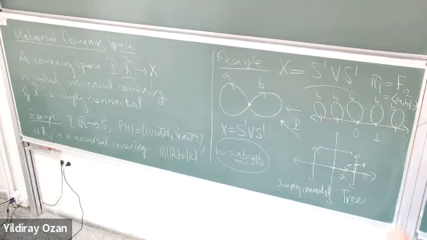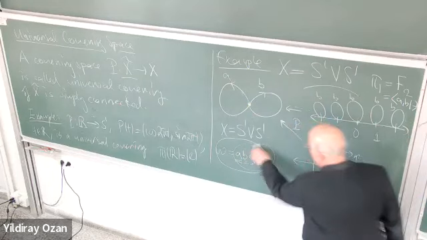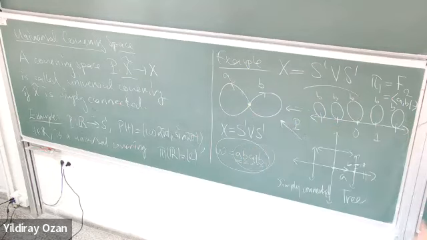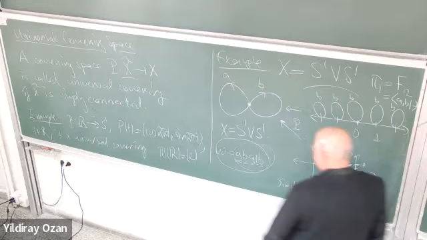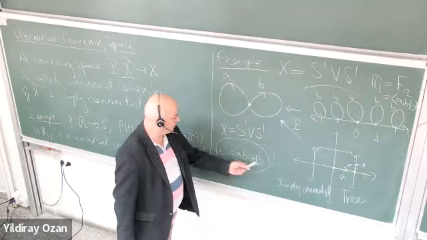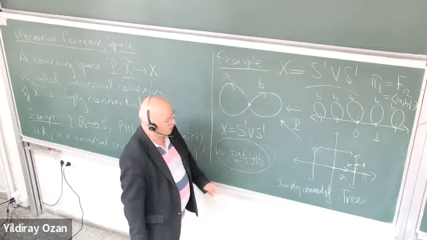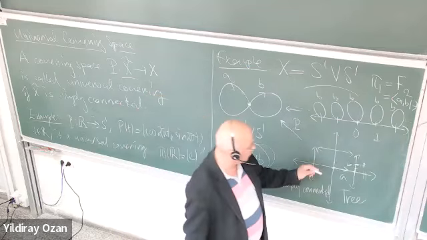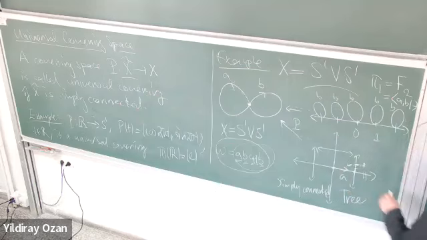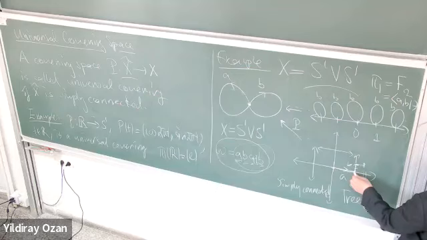In general, the way we construct the covering space will be via paths or homotopy classes of paths. For example, consider this word in the fundamental group, A, B, A squared, B. That will correspond to the following path in the covering space. I go 1 unit in the A direction, and then 1 unit in the B direction.